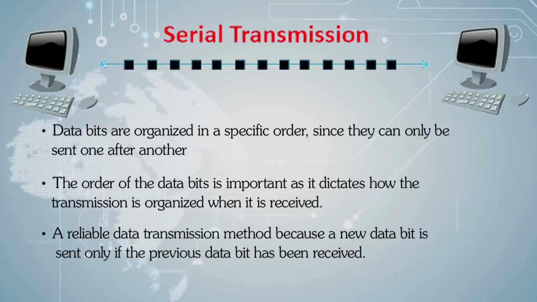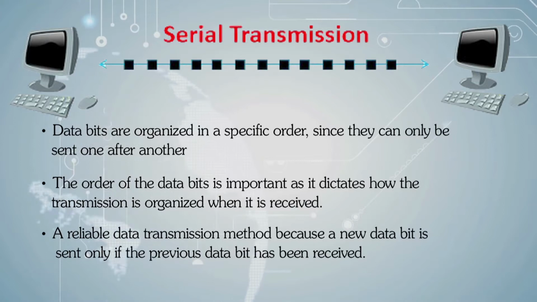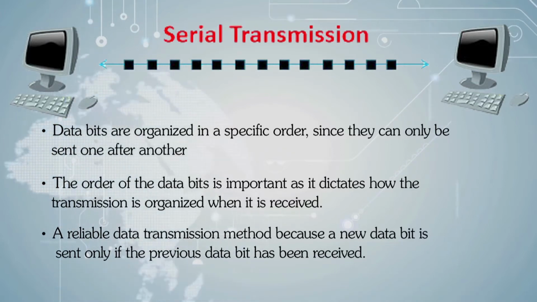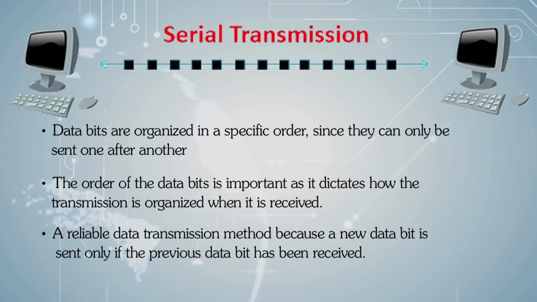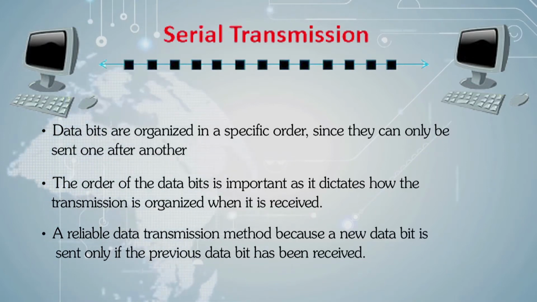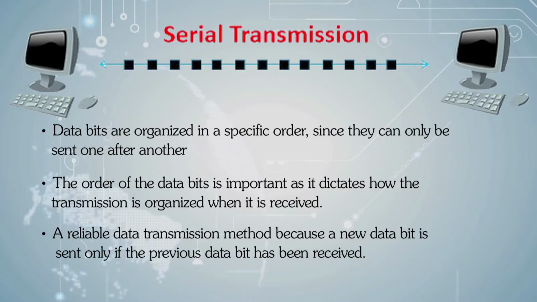It is a reliable data transmission method, because a new data bit is sent only if the previous data bit has been received. So these are the important features of serial data transmission: reliability and sequencing, and they come as basic features of data communications.